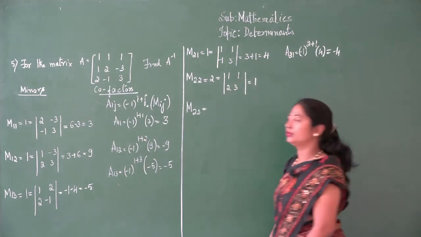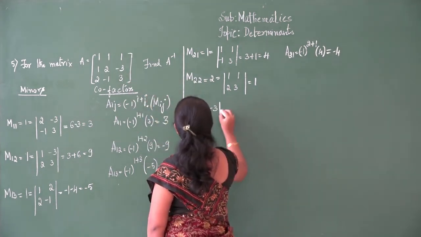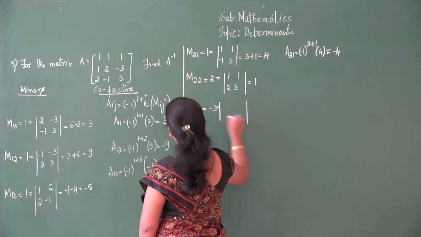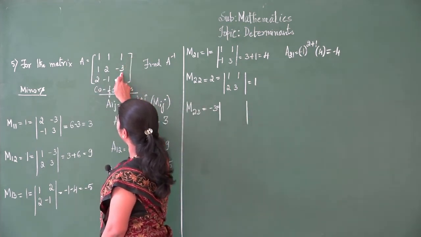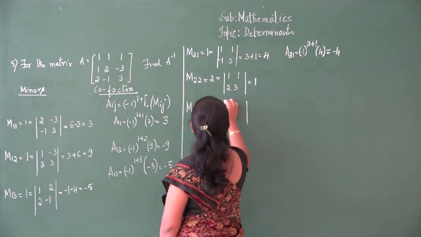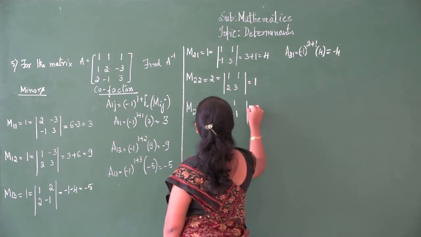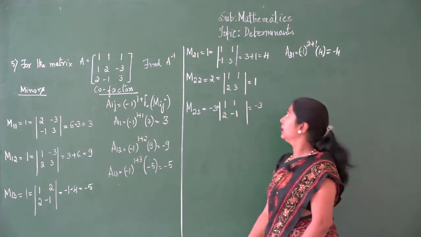Similarly, M23, which is the element minus 3. When you leave the minus 3 row and minus 3 column, 1, 1, 2, minus 1, minus 1, minus 2, minus 3.